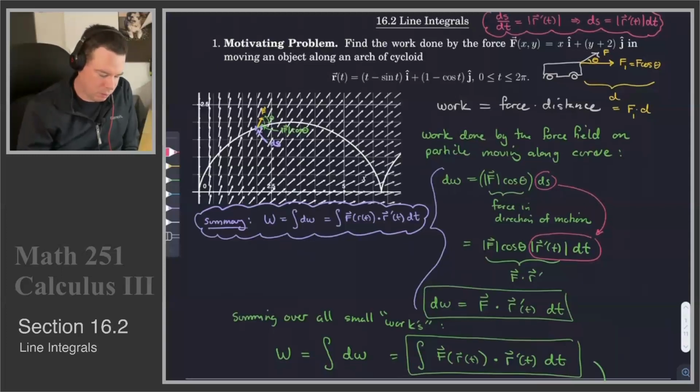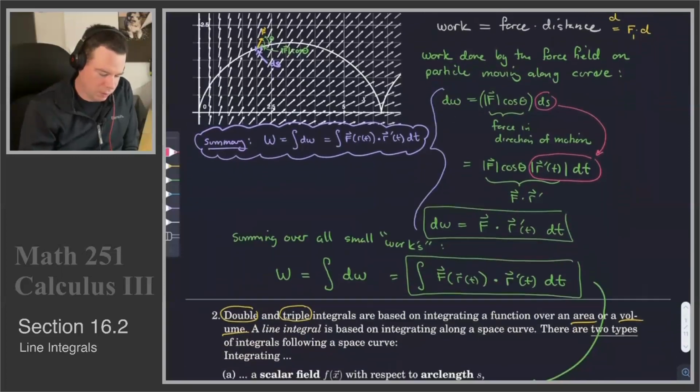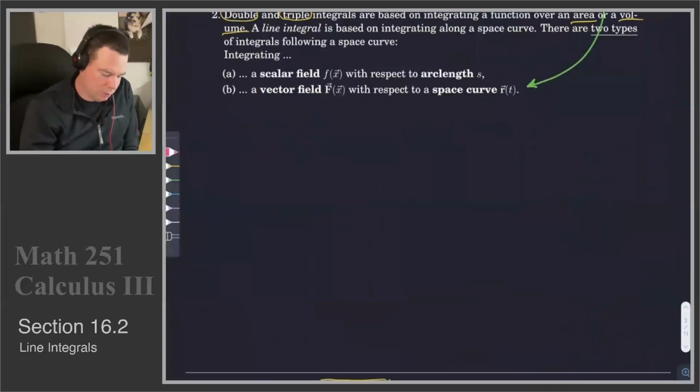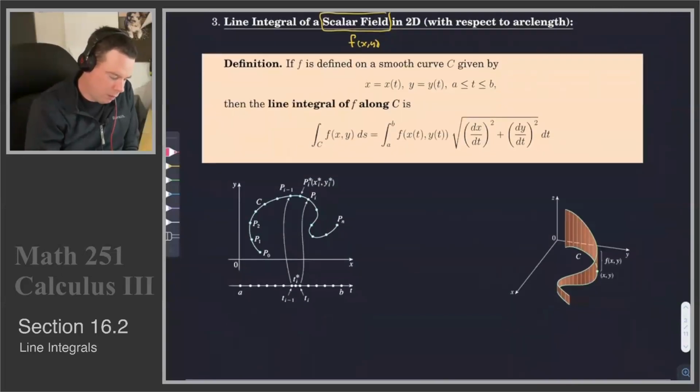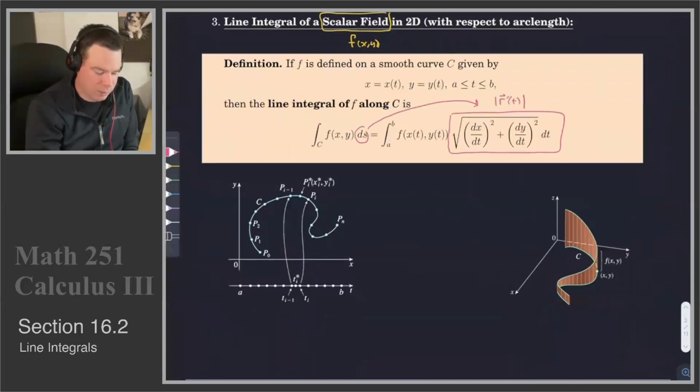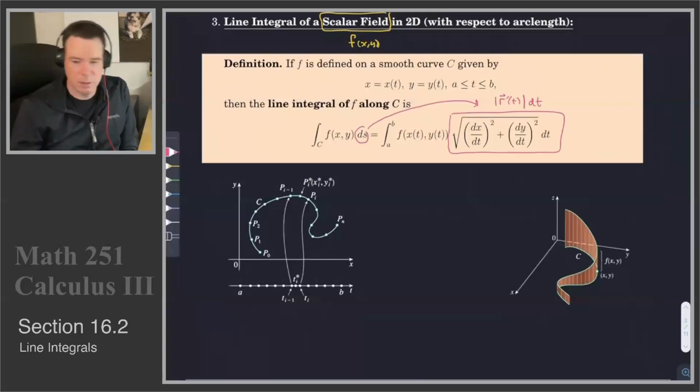It's the magnitude of our tangent vector times dt. We're going to be using that again here, where we unpack ds as this whole expression, which is just the magnitude of r prime of t, unpacked as the square root of the sum of its components squared, dt. So that's just an unpacking of that first integral.